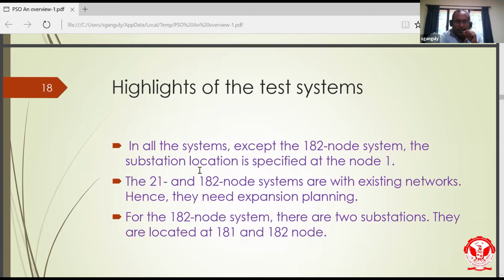And the 21 and 182 node systems are existing networks, which you need to expand through this optimization problem. That's why for these two systems we'll call the problem an expansion problem.